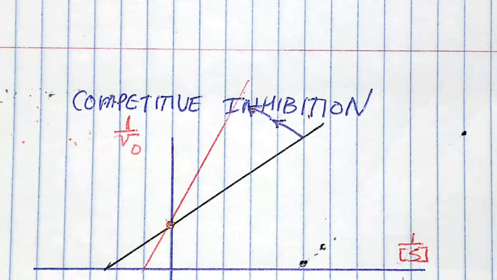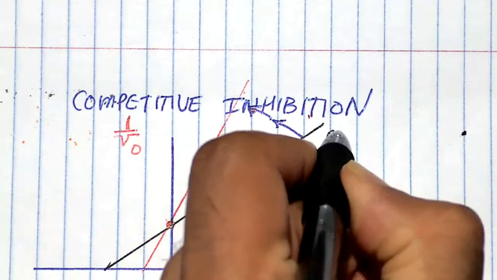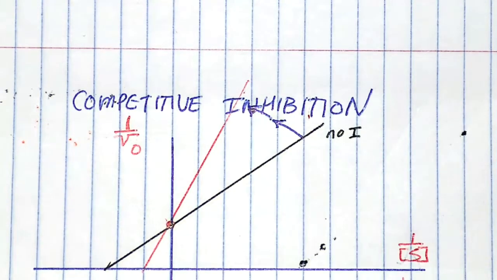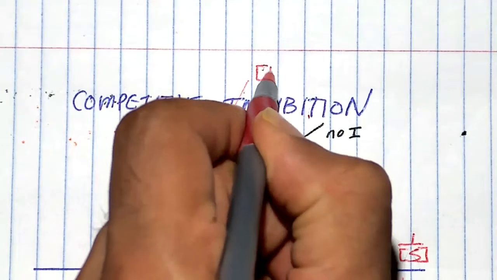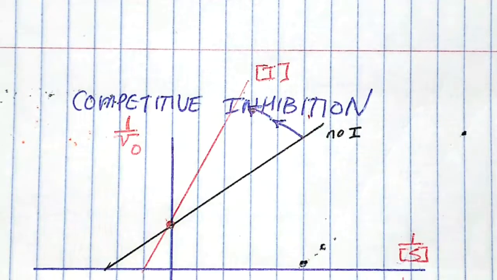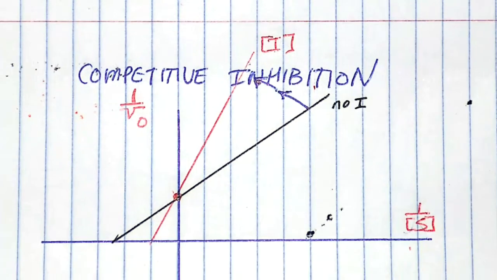Okay. So the black line is no inhibitor, and the red line is with a competitive inhibitor. Okay, the presence of a competitive inhibitor.